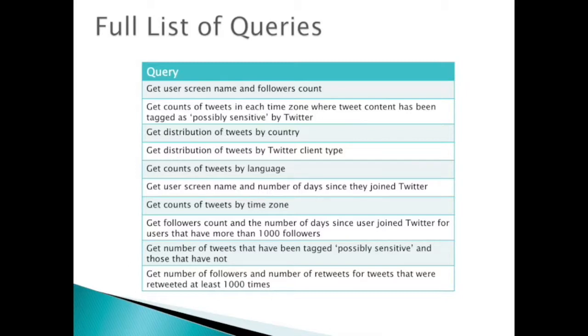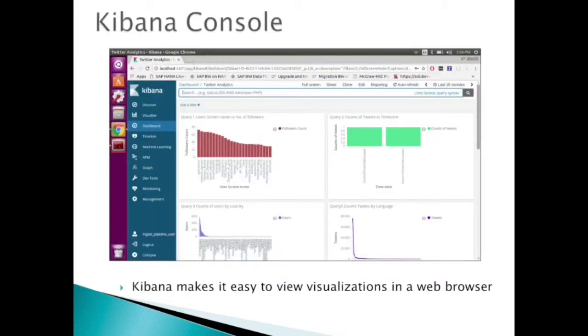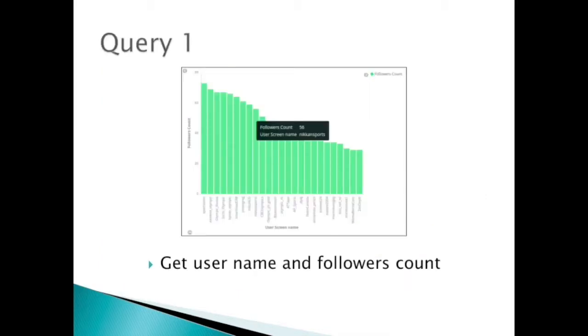We did a number of aggregate queries to do things like get the number of followers for a user's screen name, get the count of tweets in time zone, and so on. Kibana console gives a nice overview of the visualizations. You can see some of them here. I don't have time to go through all the queries, but I'm going to show you a few.